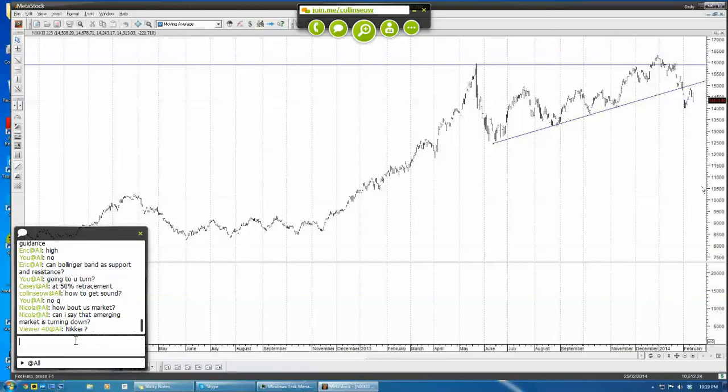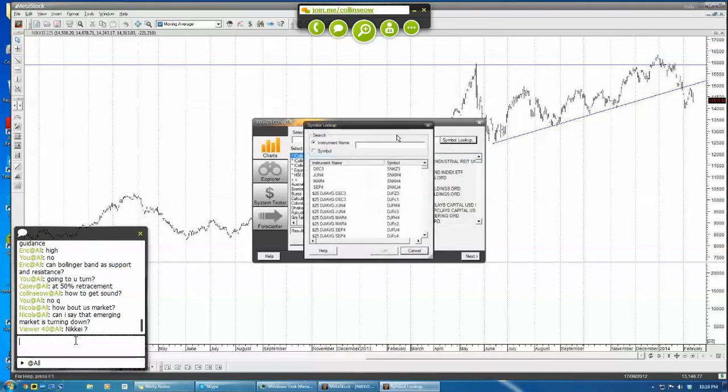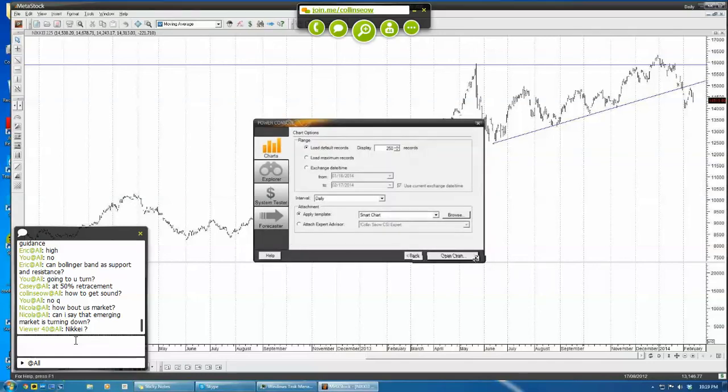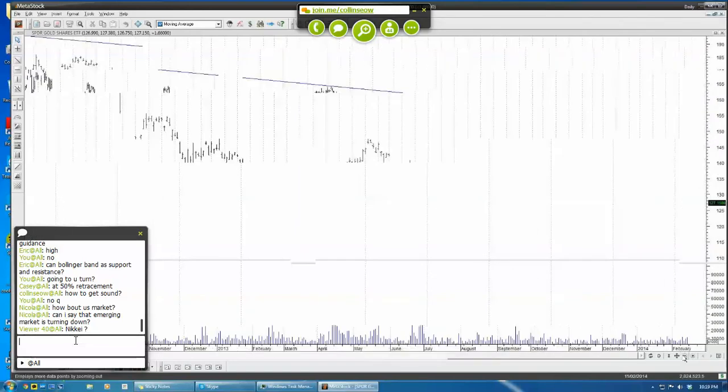Any question? So for example gold, right? Gold is pretty good. Let's see GLD. Gold, I find like, hey, how come gold is heading up when the stock market is also heading up?